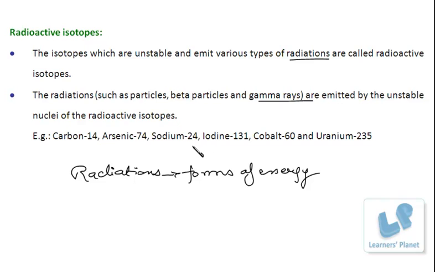What are radioactive isotopes? The isotopes which emit various types of radiations, like carbon-14, arsenic-74, sodium-24, iodine-131, cobalt-60, uranium-235.